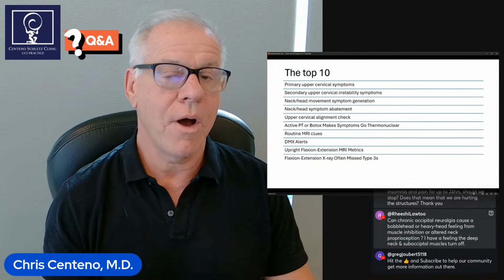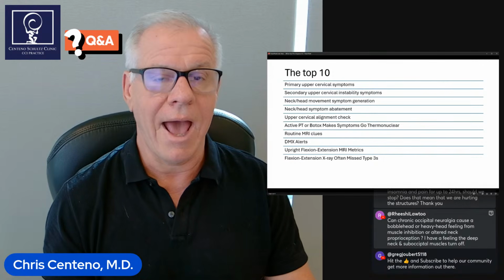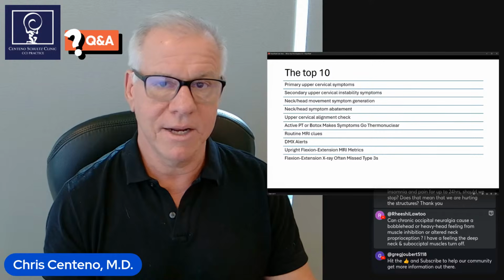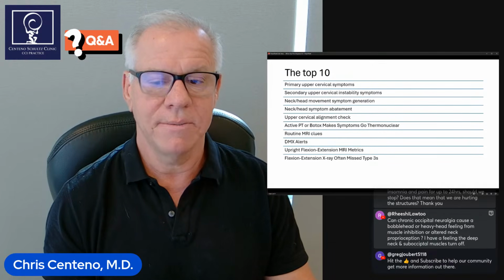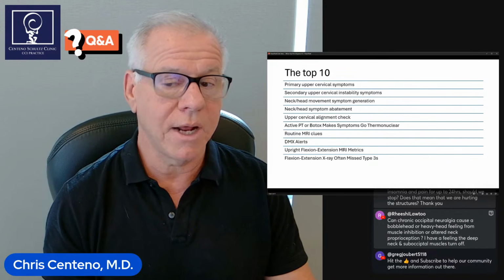Some of the routine MRI clues that I look at, routine MRI is not going to diagnose CCI 9 times out of 10, but there are some clues that I look for.